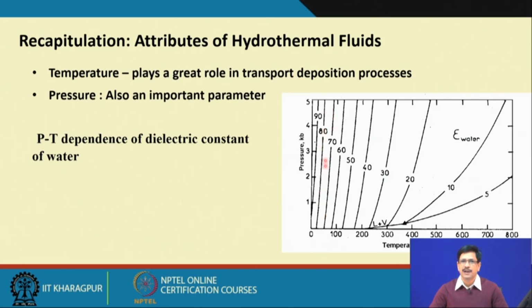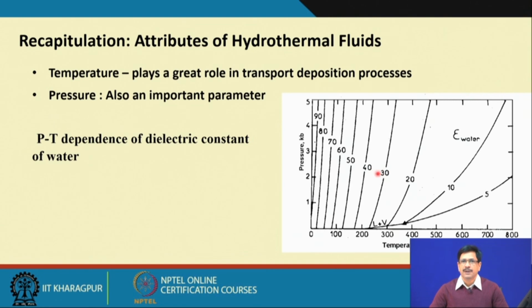pressure. That is what we say: in near surface conditions, when the fluid is operating in the earth's crust through different media, through fractures and pores, the chemistry, the solubility of different elemental and metallic species, does not depend much on the pressure. But as we could see here, as the temperature increases towards a higher temperature region, this is the critical point of water, we see that the dielectric constant not only decreases with temperature, but the dependence on pressure also increases.